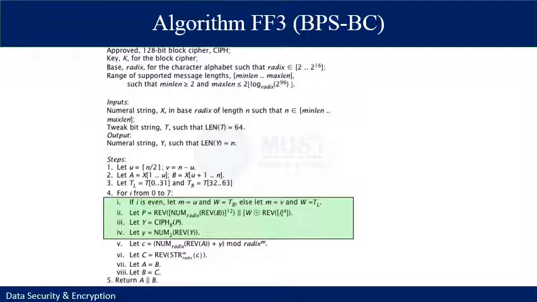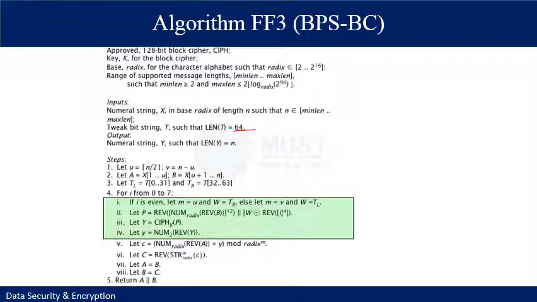In this case, the tweak length is short, and it has to be about 64 bits. So FF3 proceeds with a number of steps which are very different from the other two.